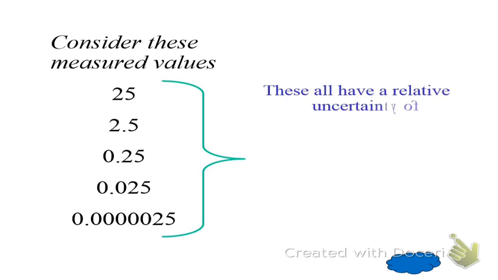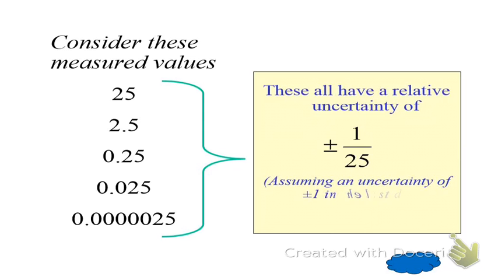So for instance, each one of these, 25 or 2.5 or 0.25 or 0.025, 0.00025, we would only get 2 significant digits in each case. Starting with these last two, they have zeros that are simply placeholders, they're leading zeros.